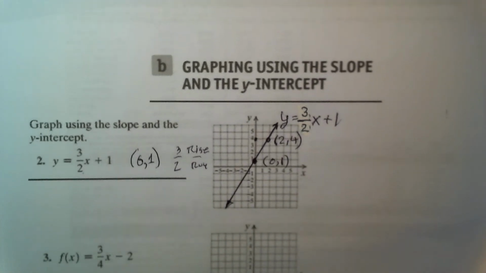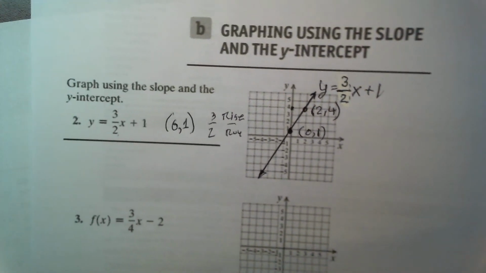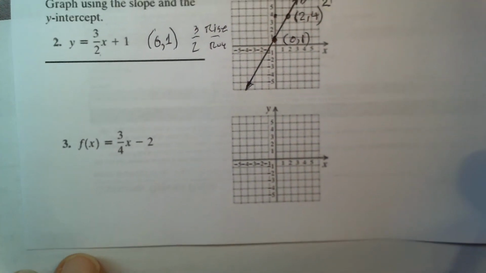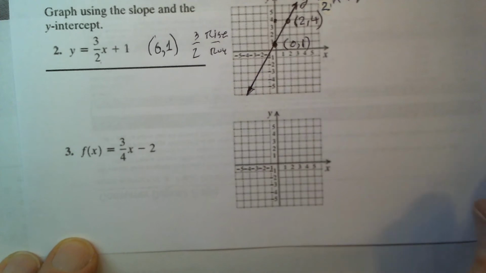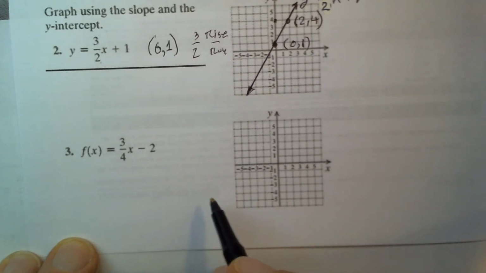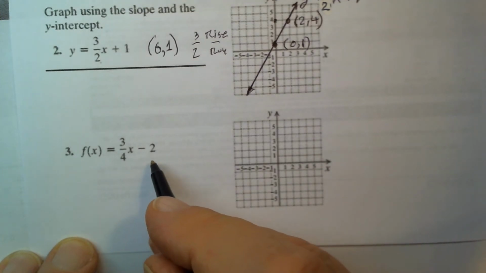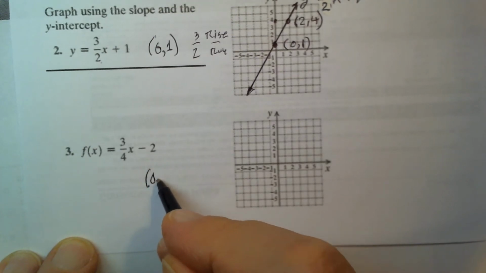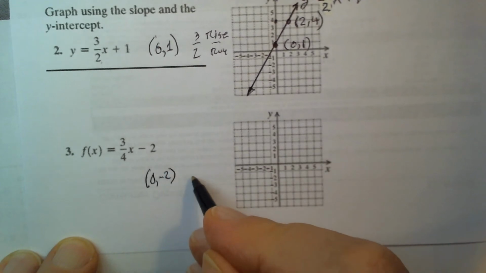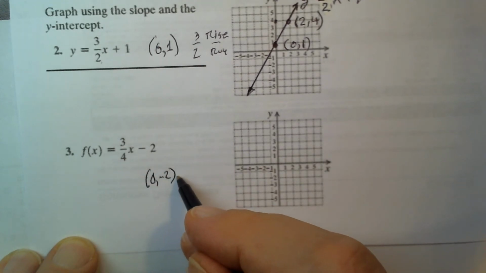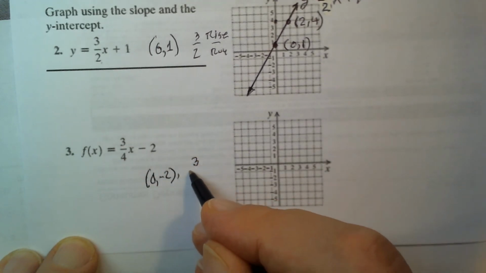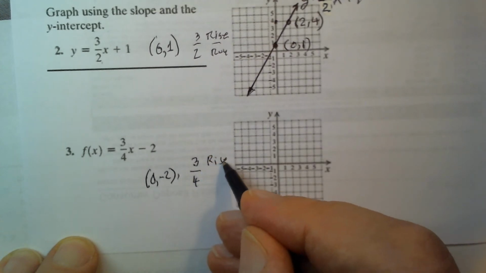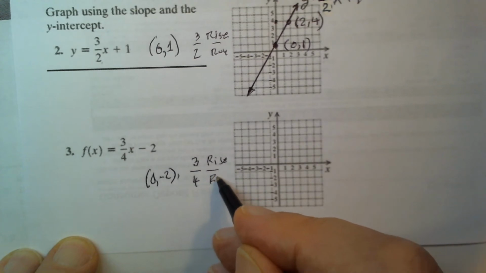The next exercise is very similar. It says f of x equals 3/4 x minus 2. So our y-intercept is (0, minus 2), and our slope, rise over run, is 3/4. That's the rise, and there's the run.